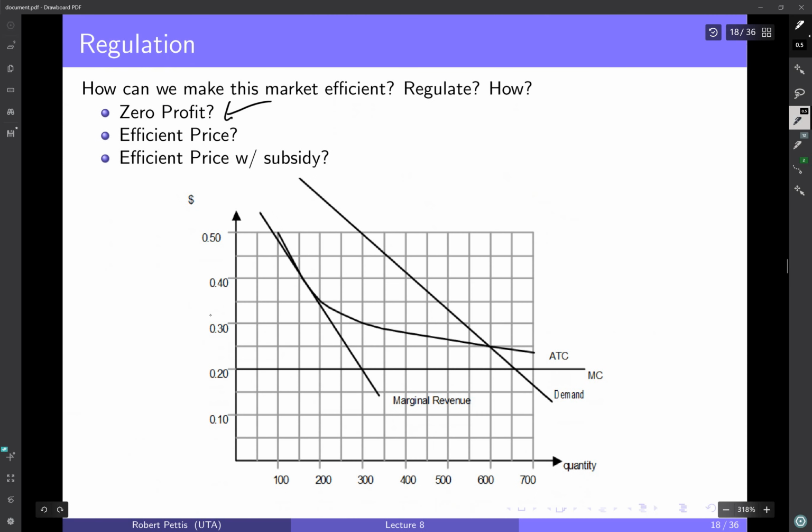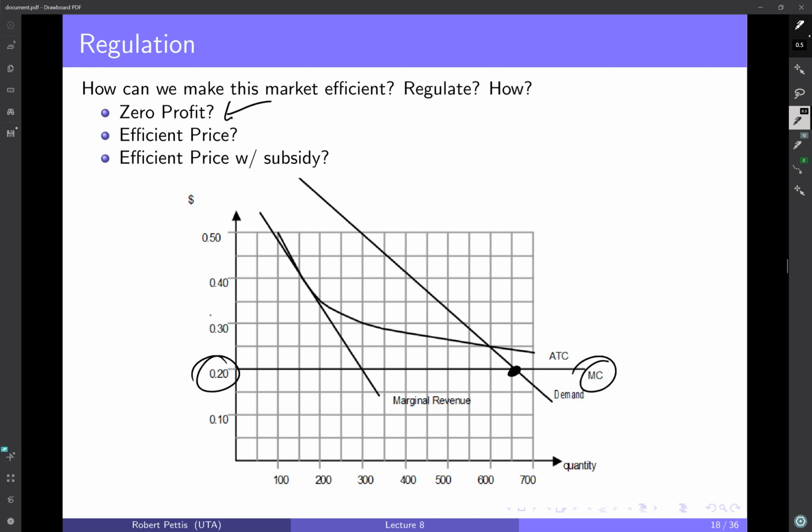How about if we decided to set it at the efficient price? Okay, so in this example, we've got this flat marginal cost curve. The efficient price, therefore, is going to be 20 cents, right? So 20 cents is where this marginal cost curve equals demand.